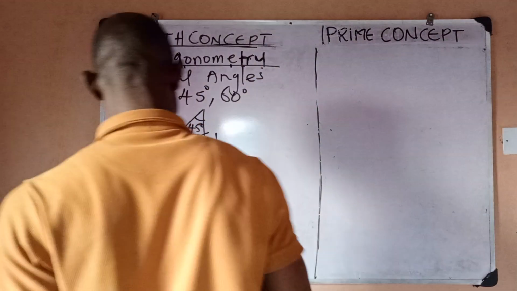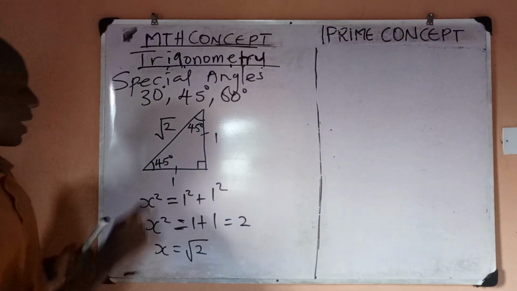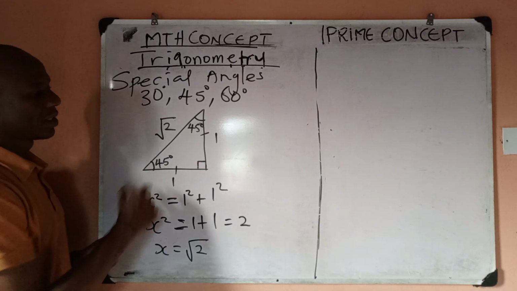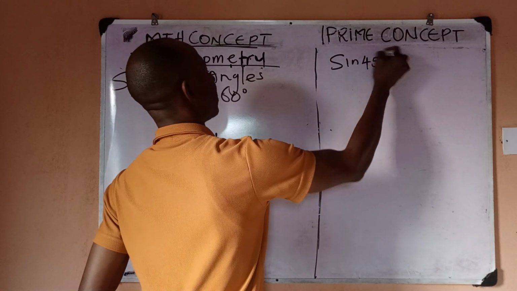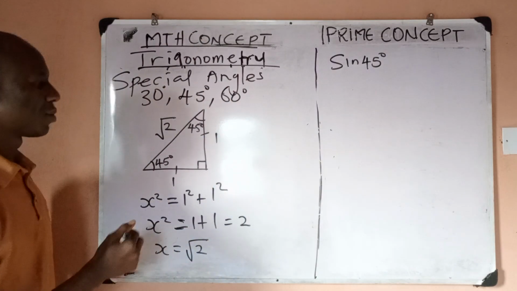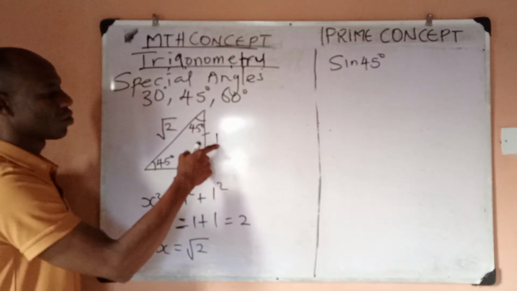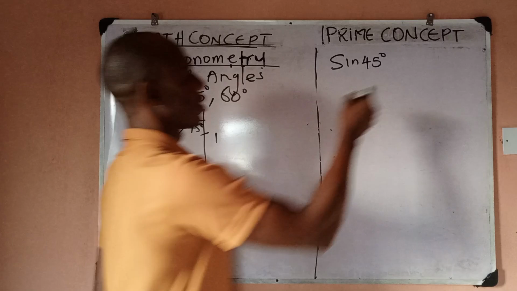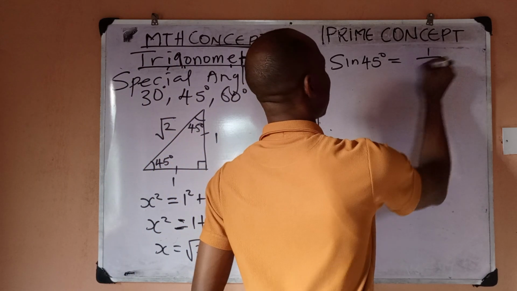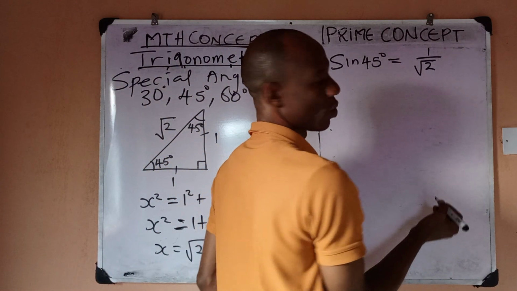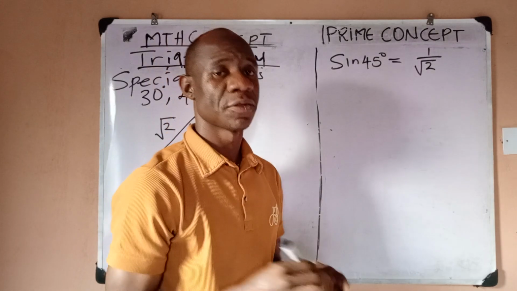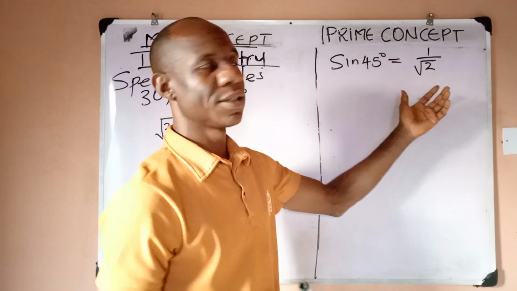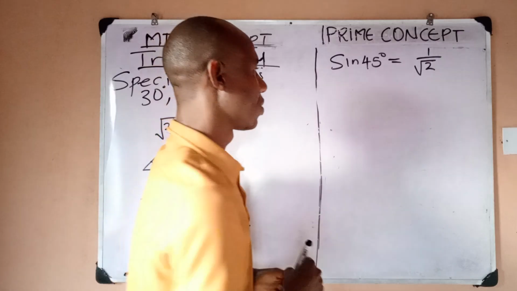Now, so if I want to find sine 45 from this now, I know that sine is opposite over hypotenuse. So sine 45 is opposite 1 over hypotenuse, which is root 2. So I have 1 over root 2, right? That is my answer. But if you already understand the concept of surd, you know that you can still rewrite this answer.